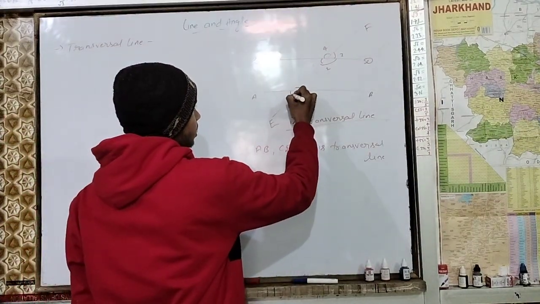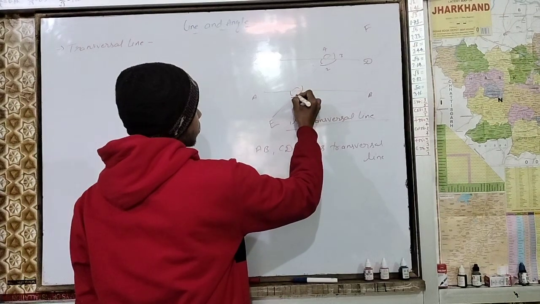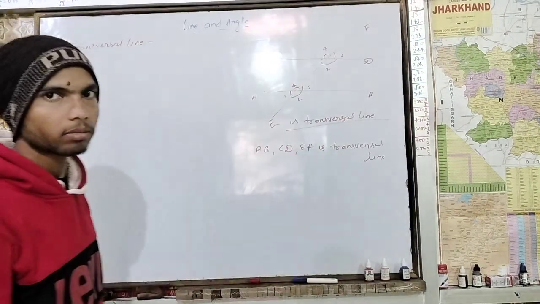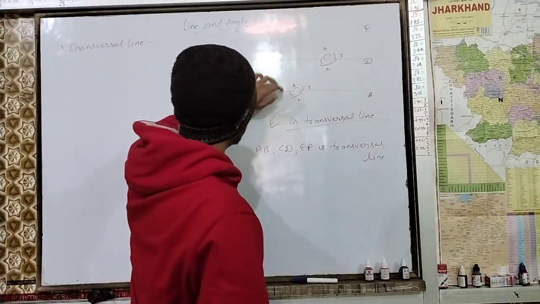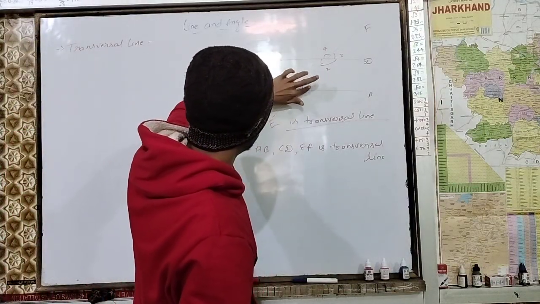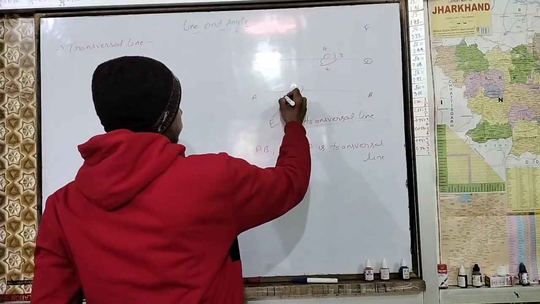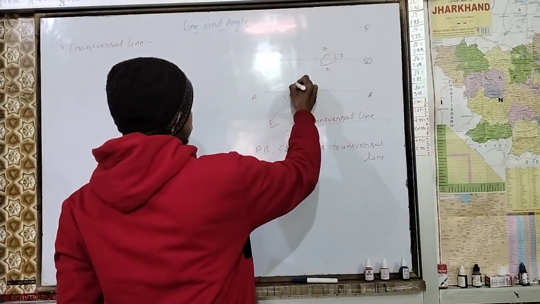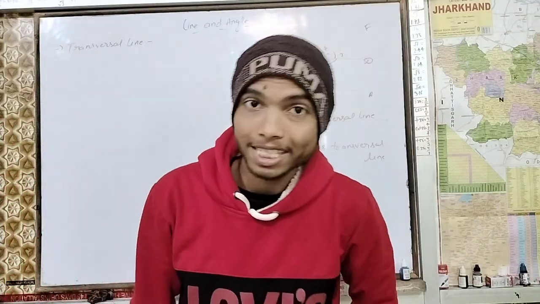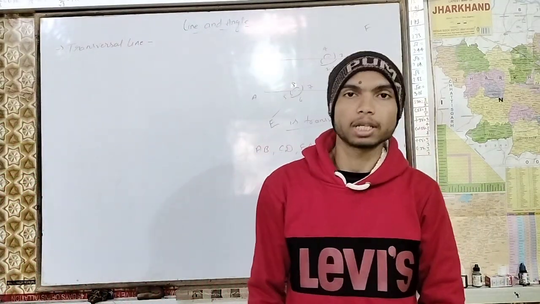This one angle, second, third, fourth. 1, 2, 3, 4. Or you can say 5, 6, 7, 8.